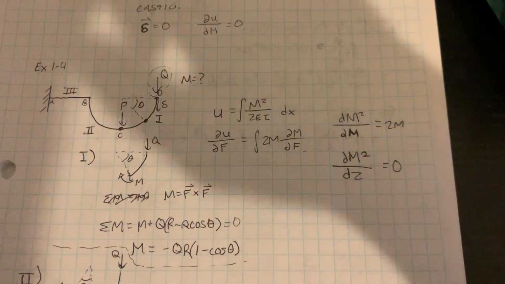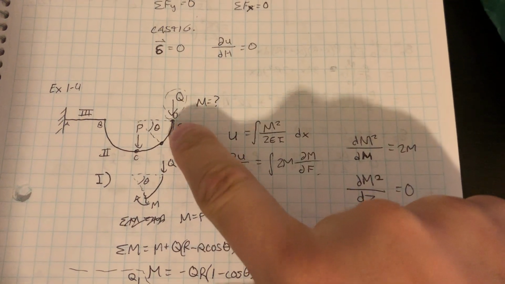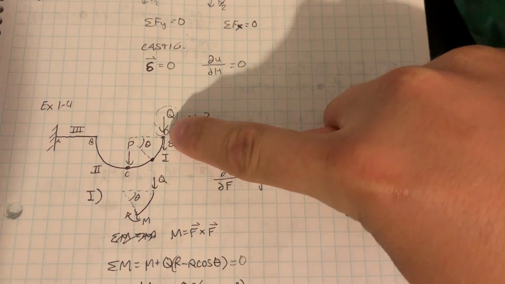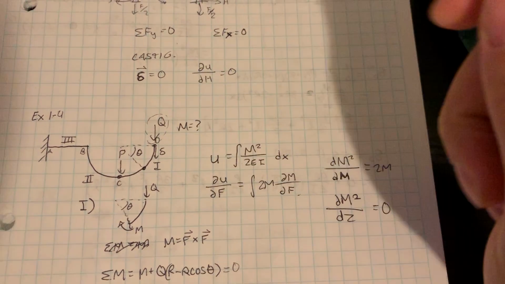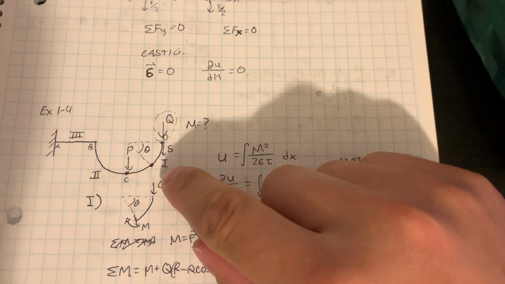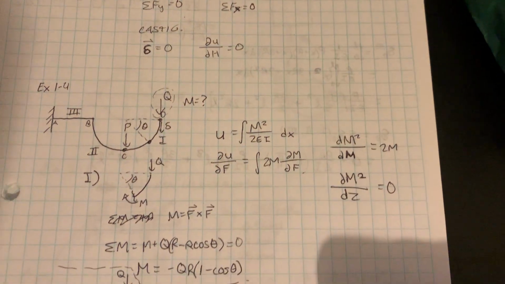So let's look here at the example. We have our beam. So we say we want to find this deflection here, so we apply the fictitious force Q. Then we divide into our sections: section 1, section 2, section 3.